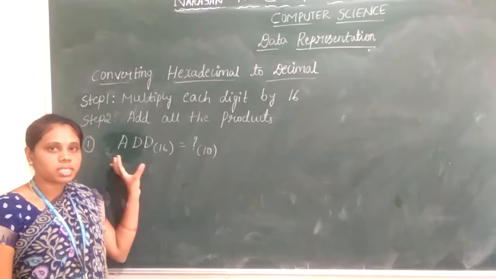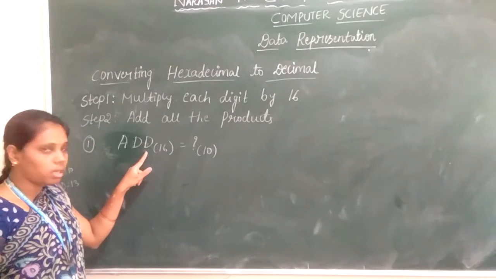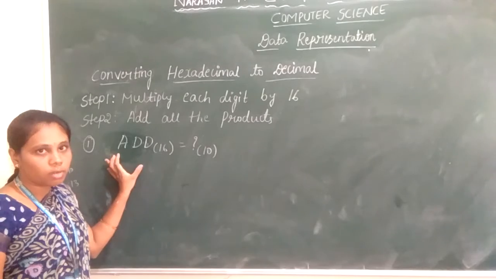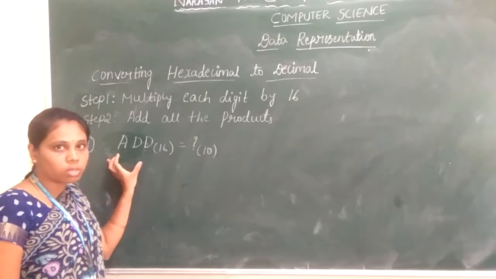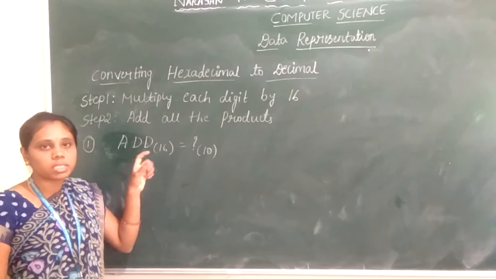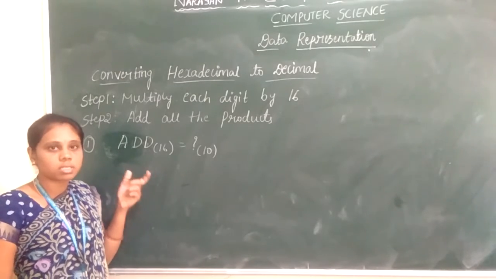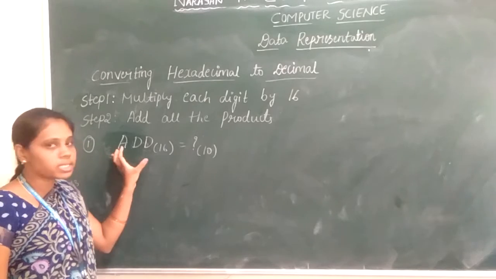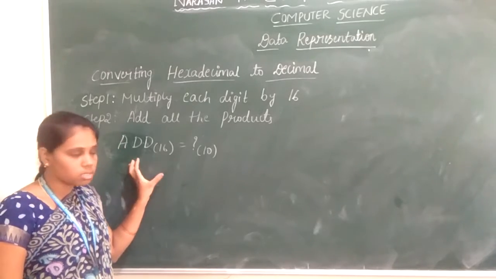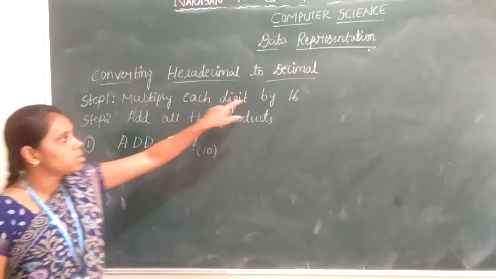This is an example problem. Here A, B, D is in alphabetical form. Why? Because it belongs to a hexadecimal number. In the hexadecimal number system we have digits from 0 to 9 and alphabets from A to F, a total of 16 digits. Now each and every digit should be multiplied by 16.